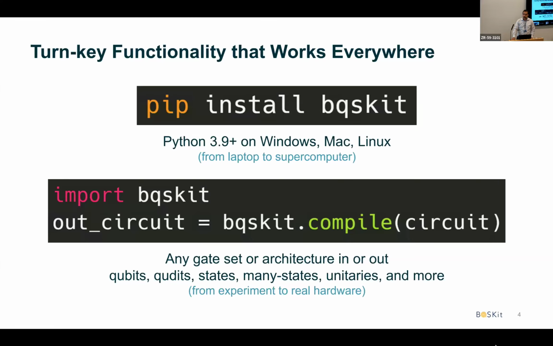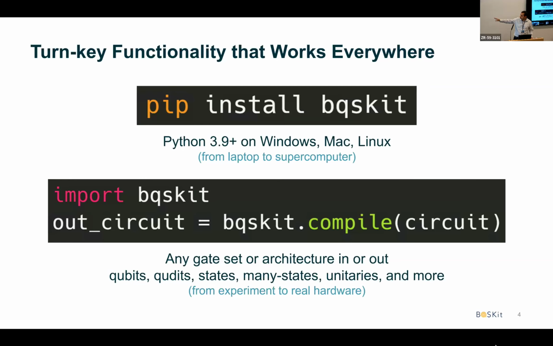This has turnkey functionality that works everywhere. On Python 3.9 and above, Windows, Mac, and Linux, you can just do pip install BQSKit. And this goes from laptop to supercomputer, like Perlmutter downstairs, which a lot of you just came back from. It's worked on that plenty of times. And if you want to use this off the shelf, which works for a variety of use cases, you can just do import bqskit, bqskit.compile, and what goes in is anything that you have, and what comes out is anything that you want.